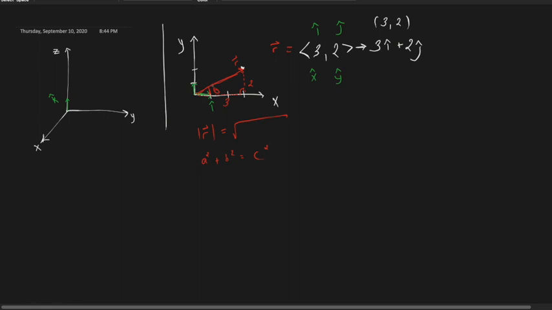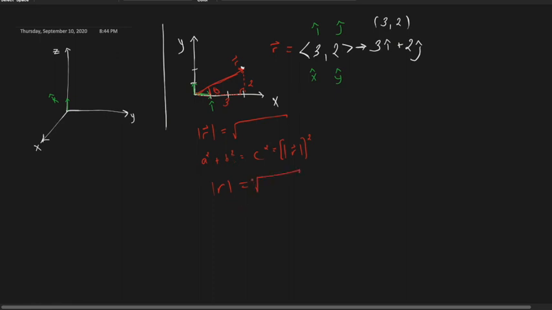If we want to find this magnitude, which is the length of r, we'd have to take the square root of that, just like the Pythagorean theorem.